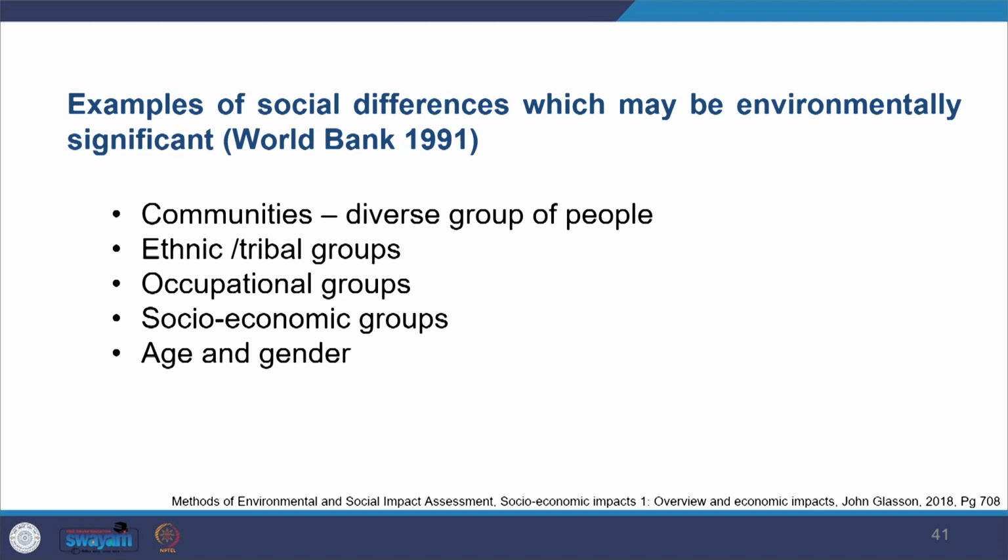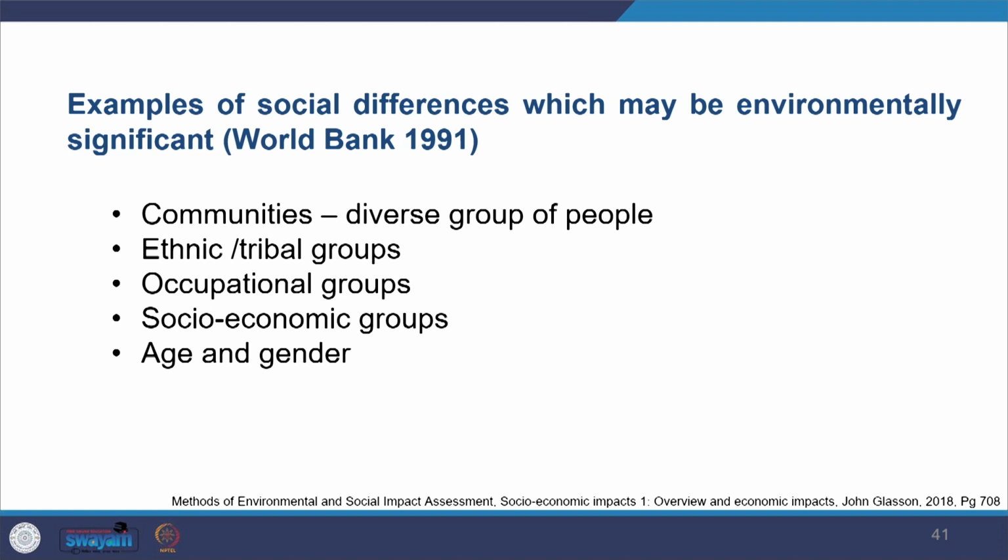So you can see communities. It identifies the term communities, where it refers to a diverse group of people, and then it also emphasizes to recognize the ethnic tribal groups, and then also look at different occupational groups, skill wise, education wise, and then look at the socio-economic groups as well, and look at age and gender.